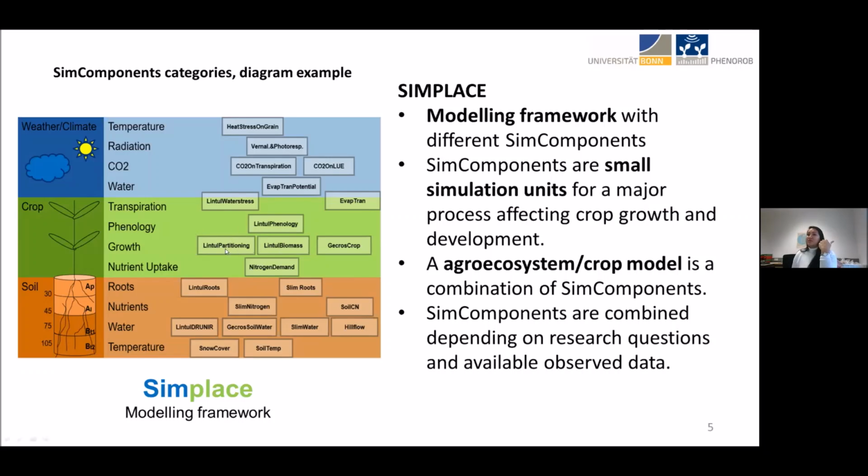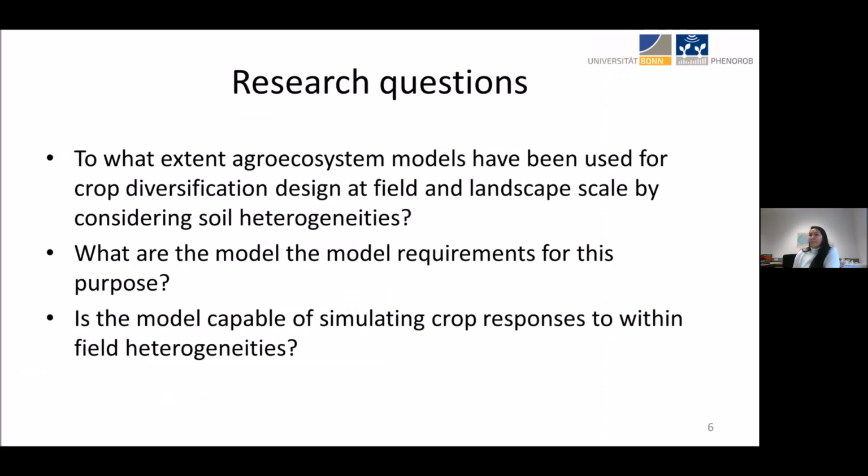Then there is another sync component that simulates the partitioning of this total biomass into the different crop organs. Similarly, in the soils, there is a sync component to simulate the dynamics of root growth over the soil profiles, and also the nutrient and water dynamics that ultimately affect crop growth.